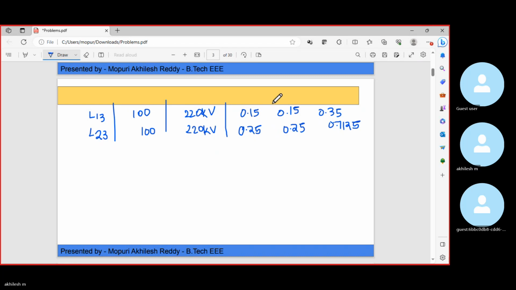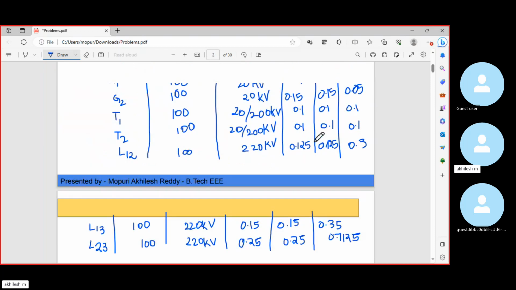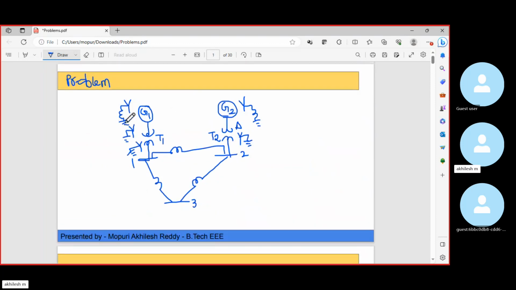Here, if we see the neutral of each generator in this problem diagram, the neutral of the generator is connected to the earth through a reactor. Here you can observe a reactor, neutral grounding earthing resistance have given.